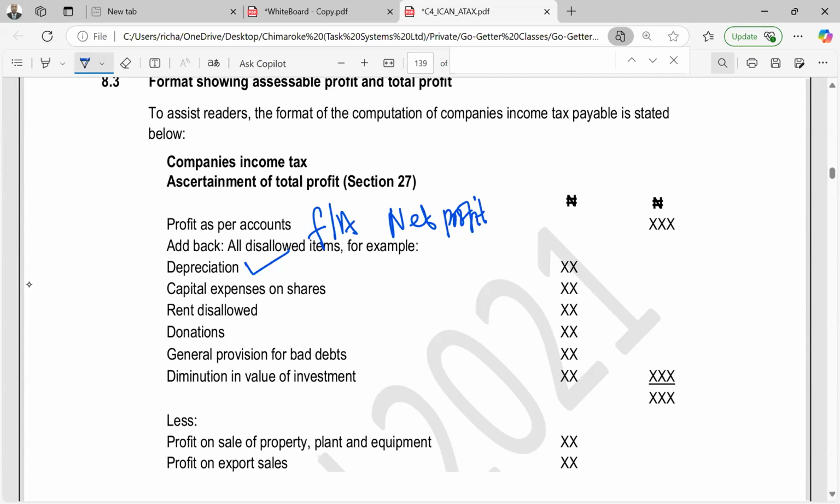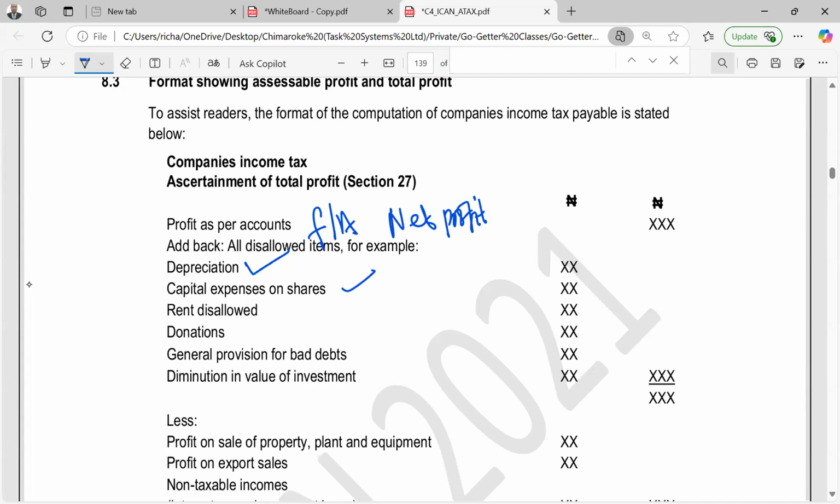Then we have rent disallowed. So any rent that is not allowed is disallowed. An example of rent disallowed is when the rent is for your personal private use.